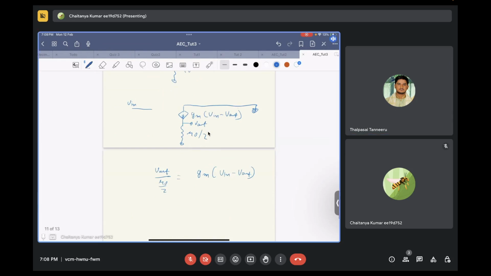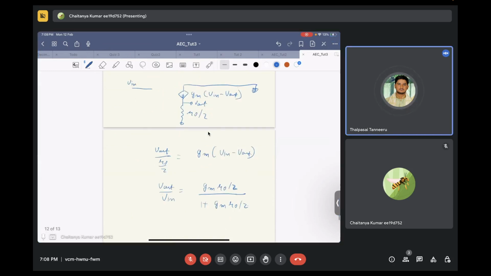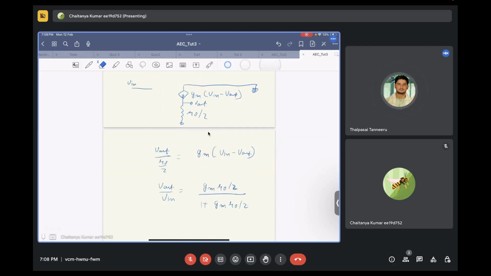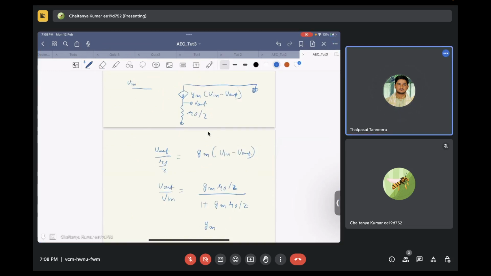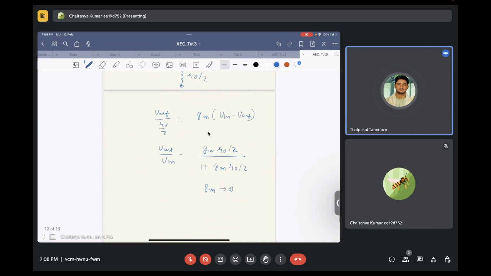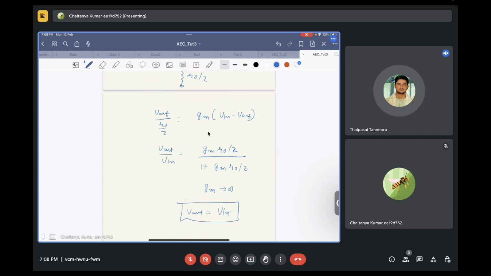So if you calculate Vout by Vin, that comes out to be gm r_o by 2 divided by 1 plus gm r_o by 2. If gm tends to infinity, Vout equals Vin. Do you understand this?